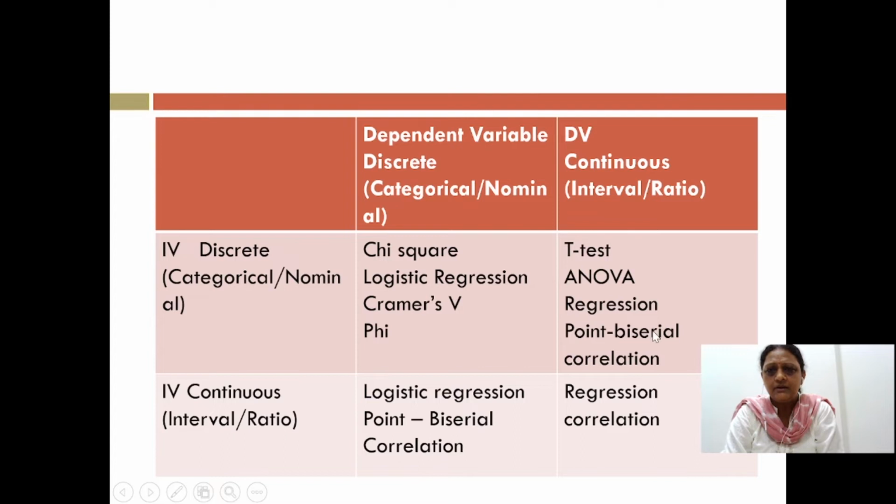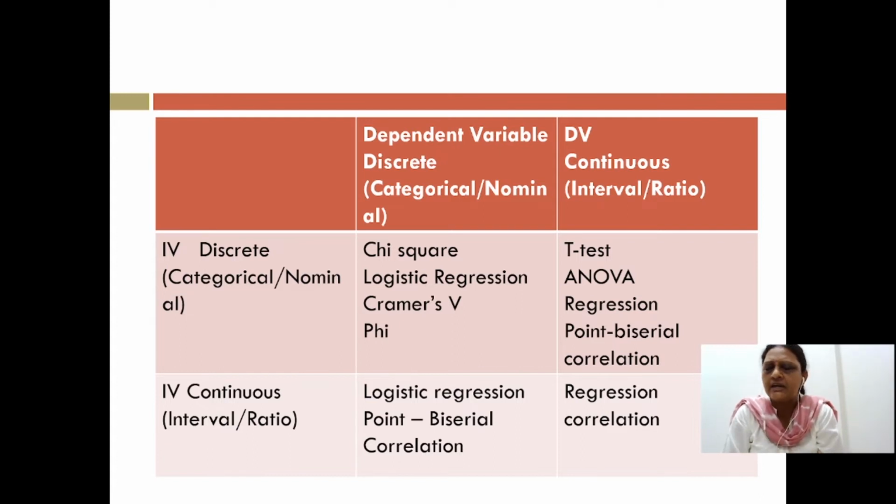Now, this third quadrant is talking about when your dependent variable is continuous. That means your dependent variable data is collected on an interval or ratio scale, and your independent variable is categorical or nominal. Right? So, say customer satisfaction depends on, say, the age of a customer, right? So you categorize the age, that age is from 20 to 25, 26 to 30, 31 to 35.